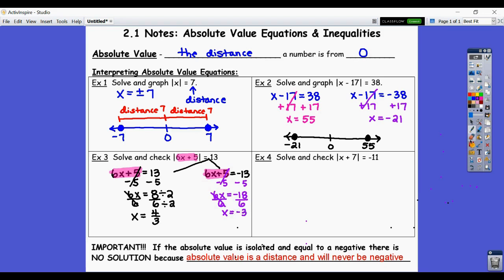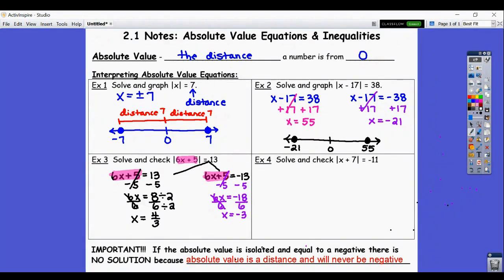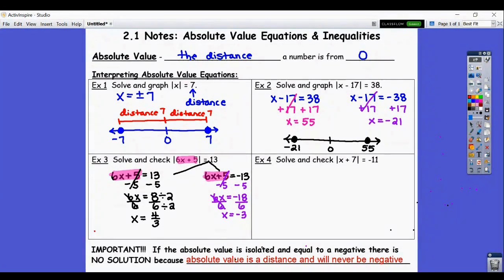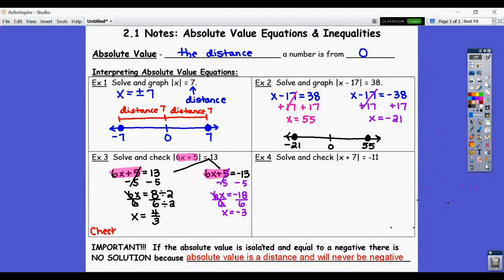So again, we do not need to graph this one, but let's go ahead and check our work here. How I would check it is plug these x values back into my initial absolute value equation. So I plug in 6 times 4 over 3 for x, plus 5, and I want to see if it's equal to 13.